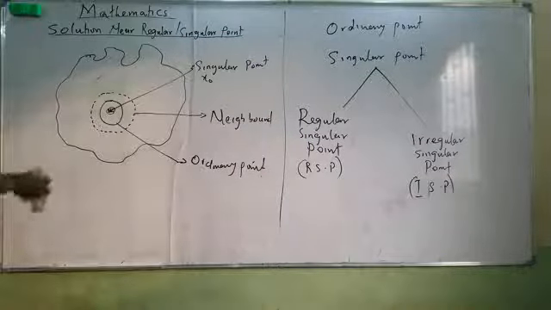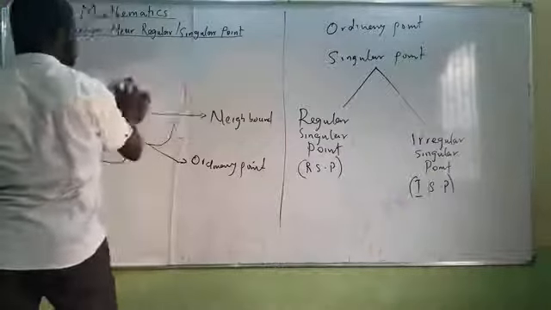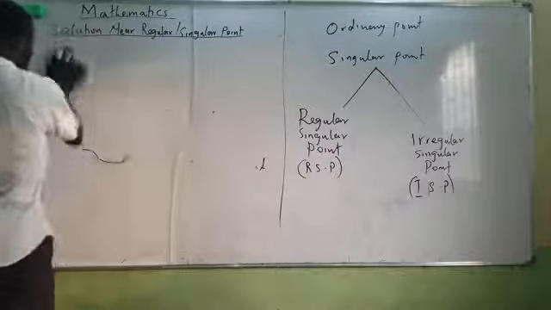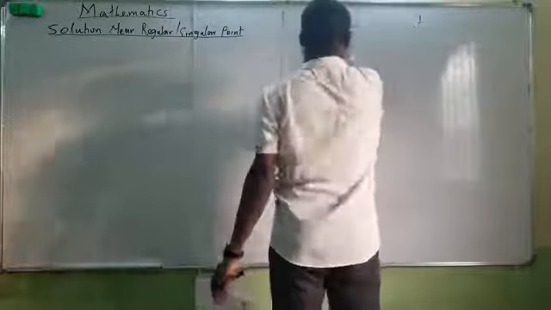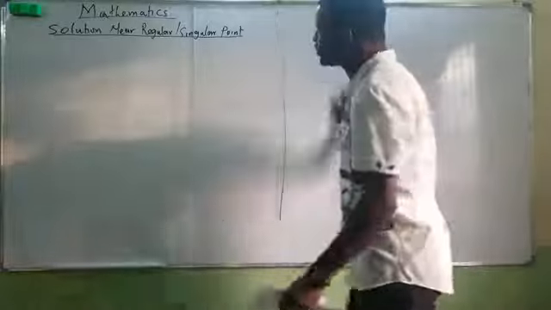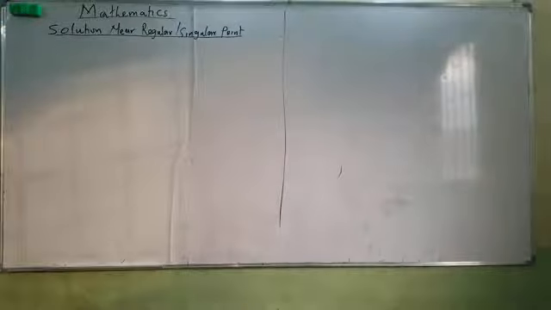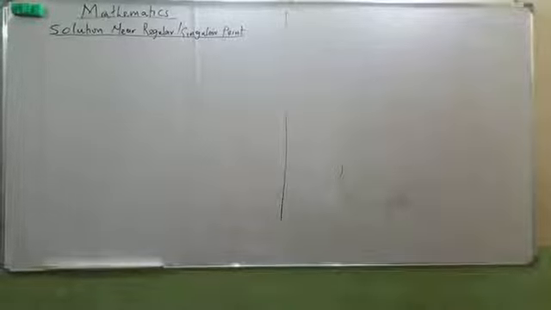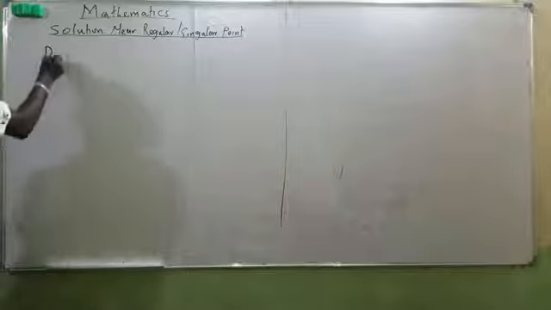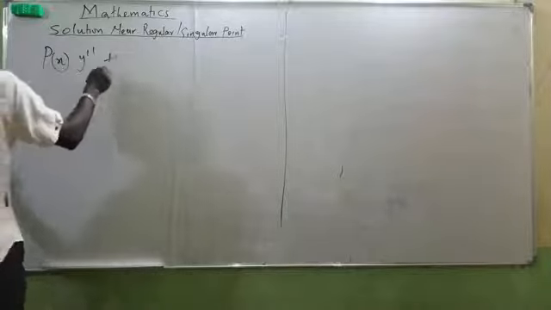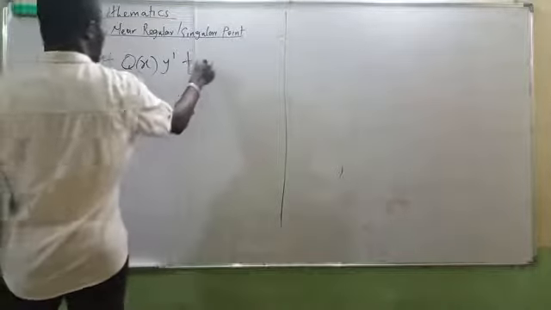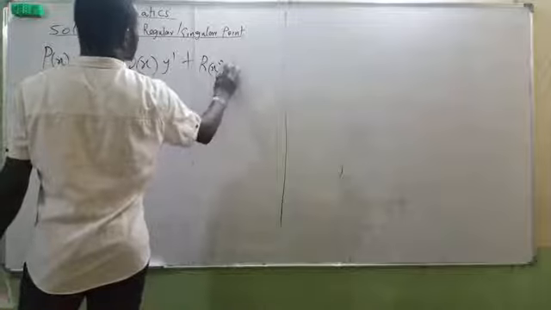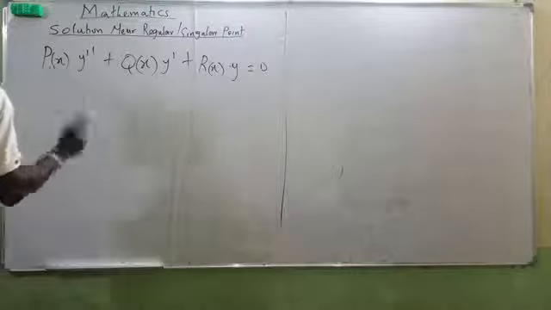Now, let me try to explain in a mathematical form. Let me show some questions on ordinary points. Let me explain with an equation: if I have P of x y double prime plus Q of x y prime plus R of x y equals 0.